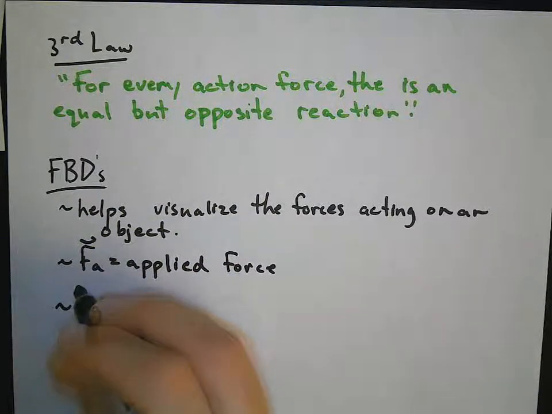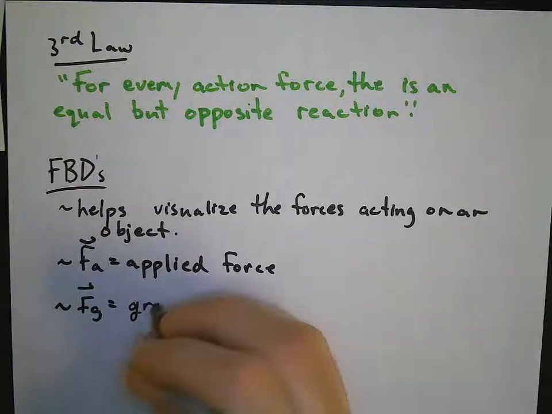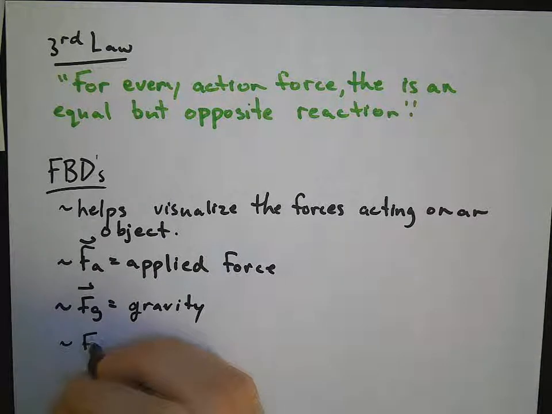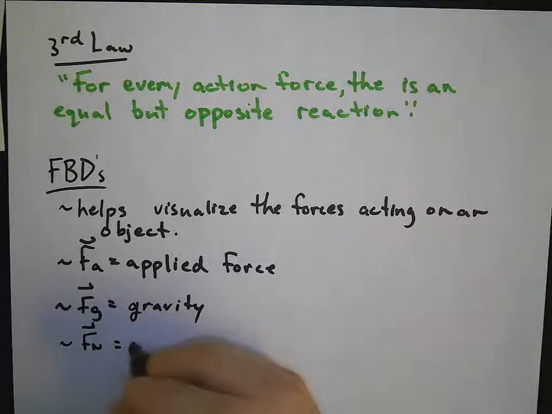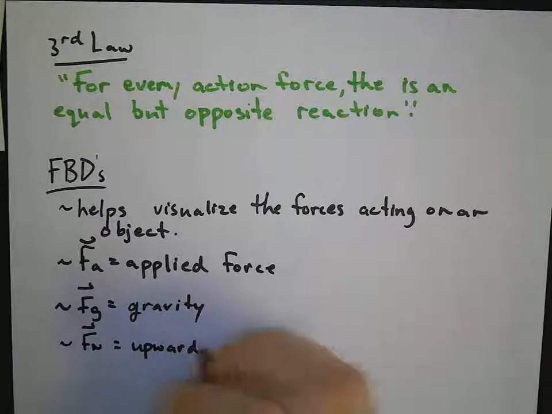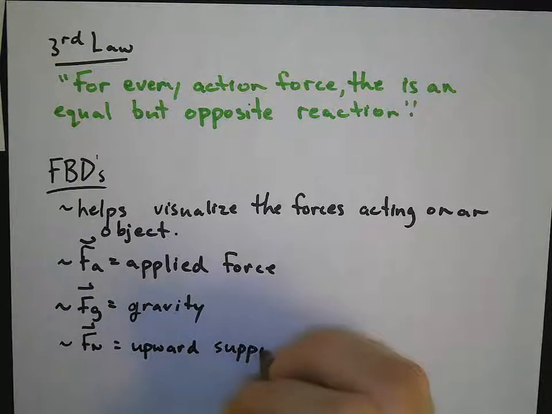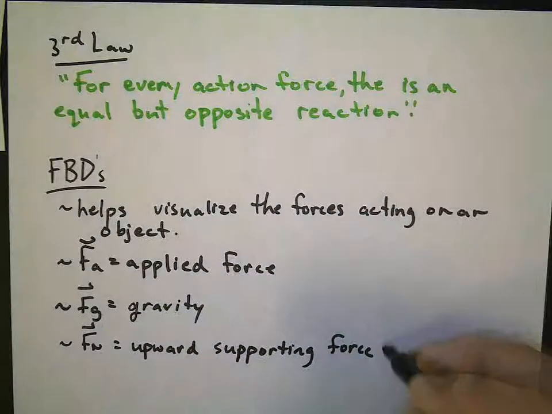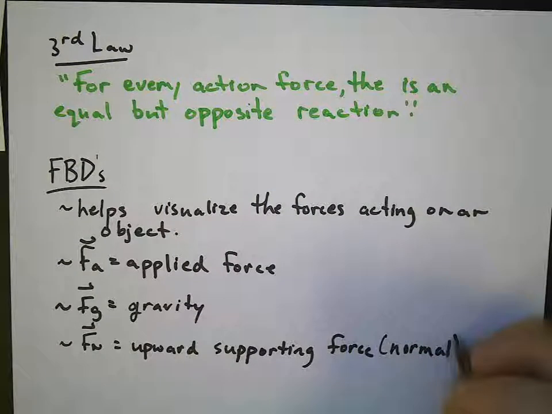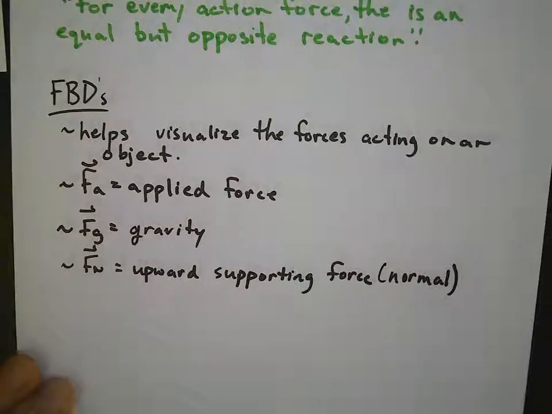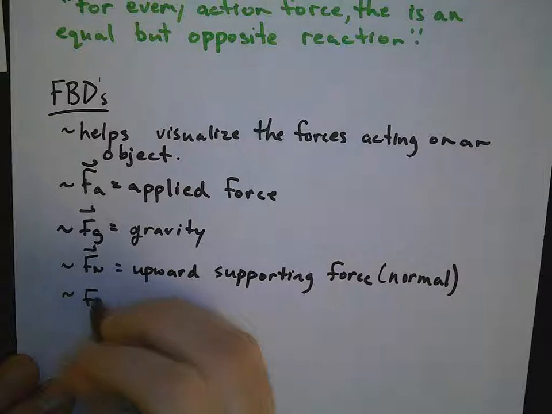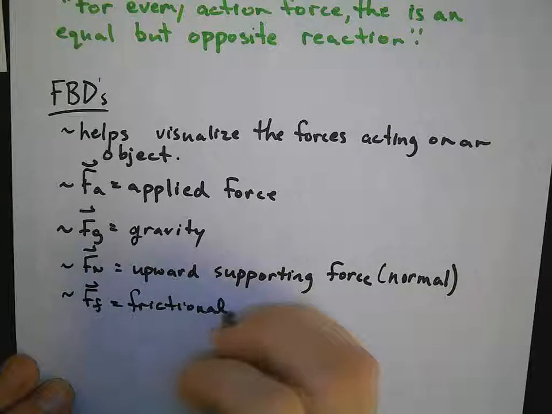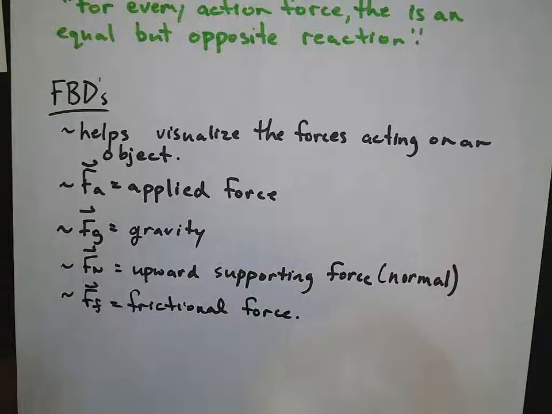We'll use FG for the force of gravity. FN will be our upward supporting force, otherwise known as our normal. And we could have FF representing our frictional force. And those can all appear in our free body diagrams.